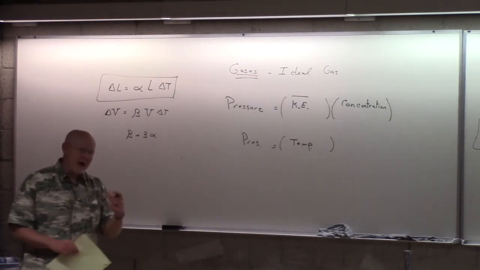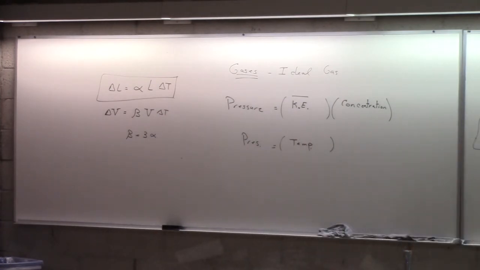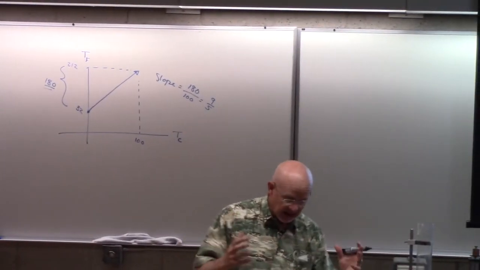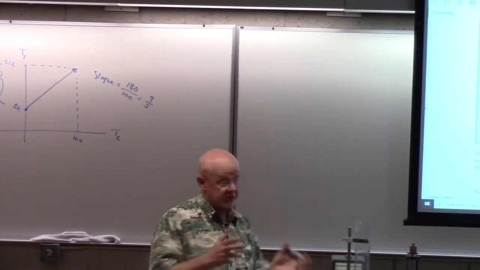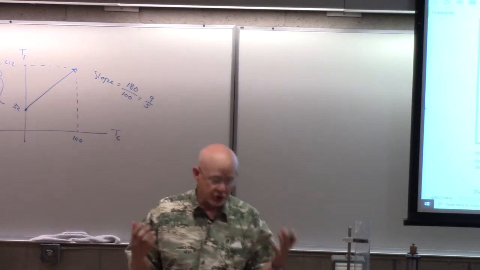Because it's not just how much they have, it's really how many you have in a given volume, because those are the ones that are making the impact. So if you have a big container instead of this small container, you don't get more pressure just because you have more atoms in here. It's do you have a bigger concentration of them.